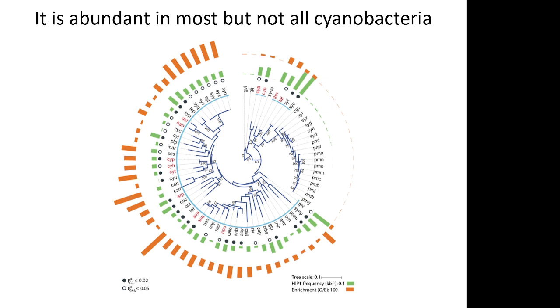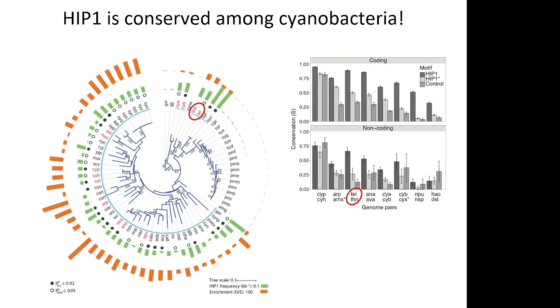But you can see also that not all cyanobacteria show this phenomenon. So for instance, marine picocyanobacteria, which are those ones, are not enriched in this motif, and those are maybe the most common cyanobacteria in the world, which are in the oceans. And there are also some other species of cyanobacteria that do not show this phenomenon, for instance this one, and some others along the tree.